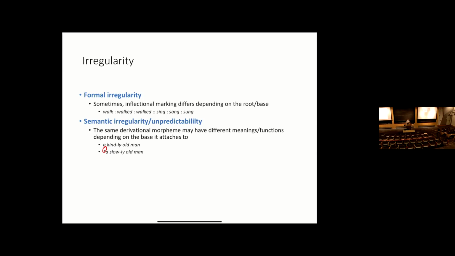So kind can take -ly and become an adjective, but slow, when you add -ly, can only be an adverb, it can't be an adjective. So there's some unpredictability in how -ly will affect the part of speech of a base that it attaches to.